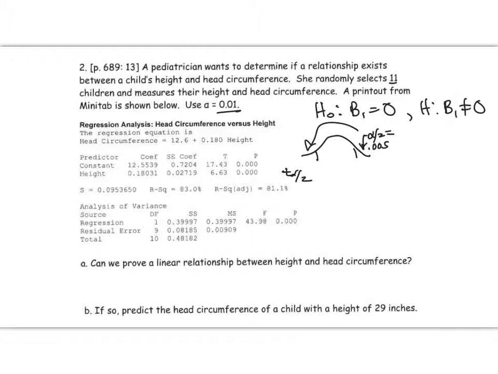Our degrees of freedom this time are going to be 11 minus 2, so 9 degrees of freedom. And using inverse t with 9 degrees of freedom and an area of 0.005, I get t alpha over 2 equals negative 3.25 and positive 3.25.